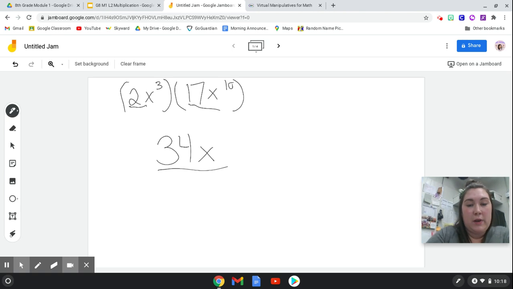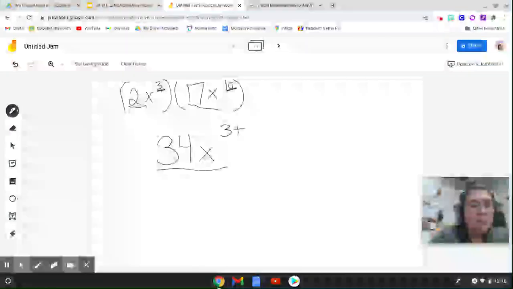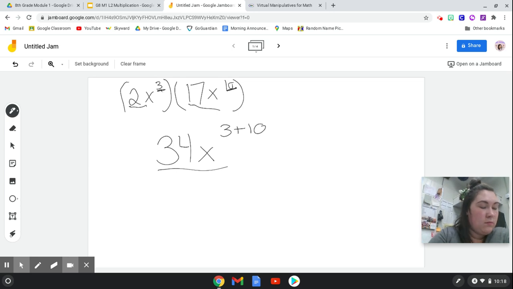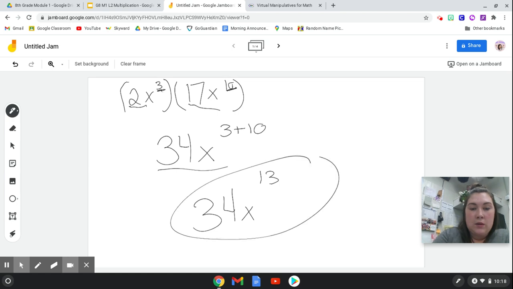So now I have my new base. I'm still multiplying my exponents, so I'm still going to add my exponents. So now my exponent would be 3 plus 10. And so now my new simplified term would be 34x to the 13th. Okay, so that's how you would do this one.